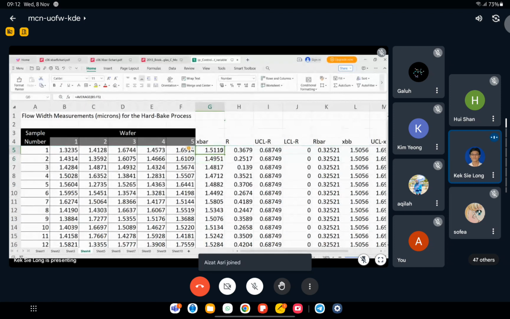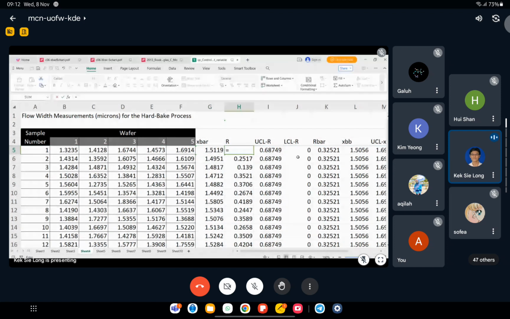No need to drag. Go to R. This R is to calculate the range.